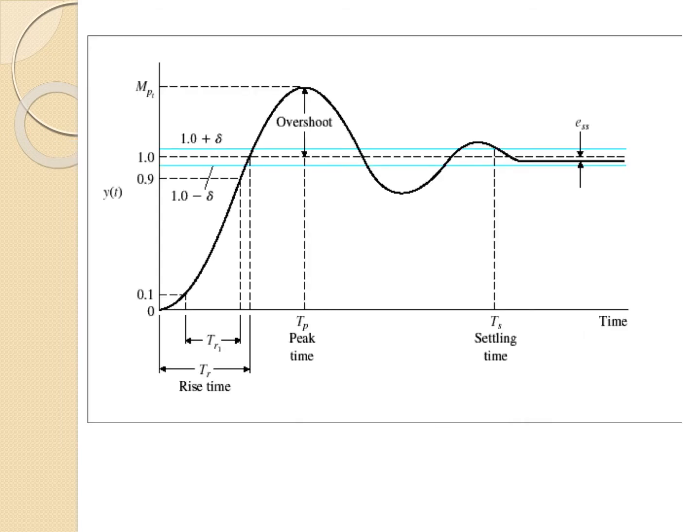Basically the rise time is between this point and this point. So this is the rise time. The settling time is the point where the system starts to reach the constant value. Here we can see this is the first point where it starts to reach the constant value.